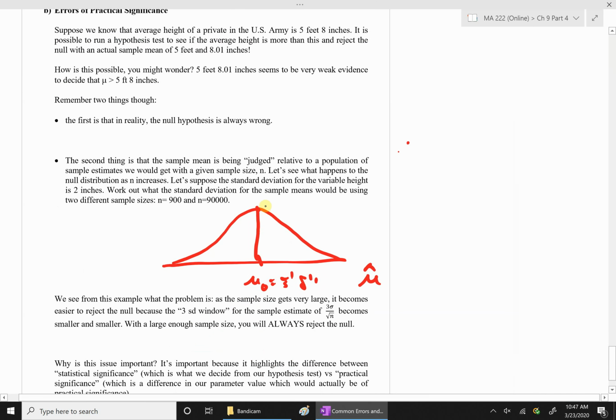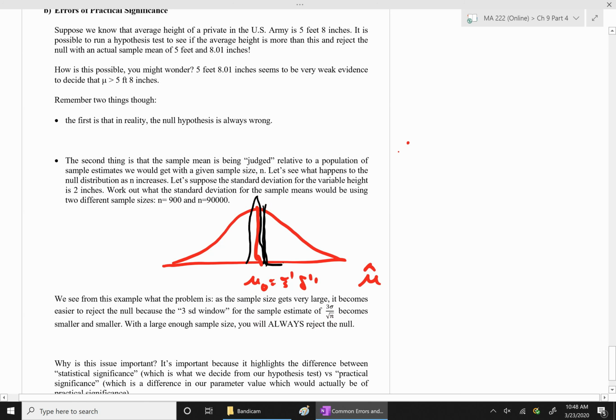So we get a value that's close but a little off. The point here is that if we choose a large enough sample size, okay, what's going to happen is this 3 standard deviation window is eventually going to get so small, I can make that 3 standard deviation window so small that I will reject the null, even if the sample estimate's really, really close, because this 3 standard deviation window is going to 0, basically.